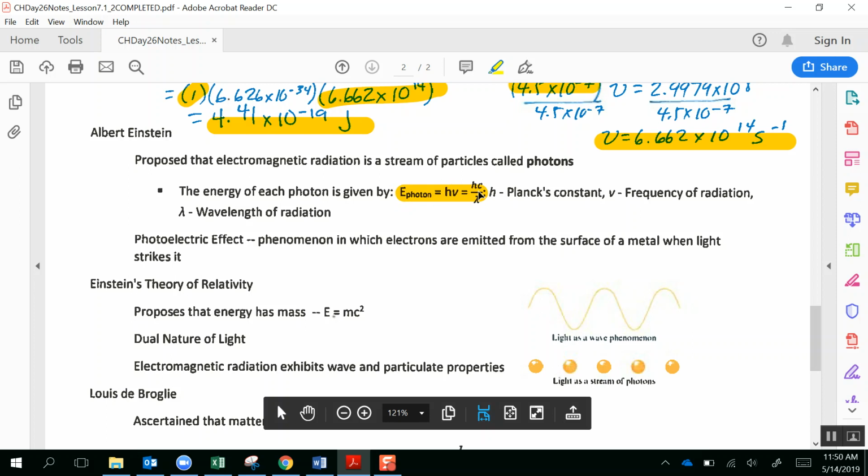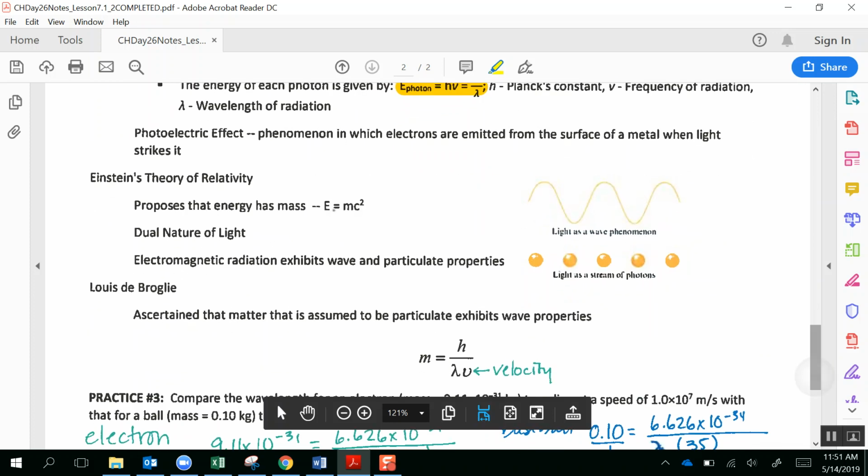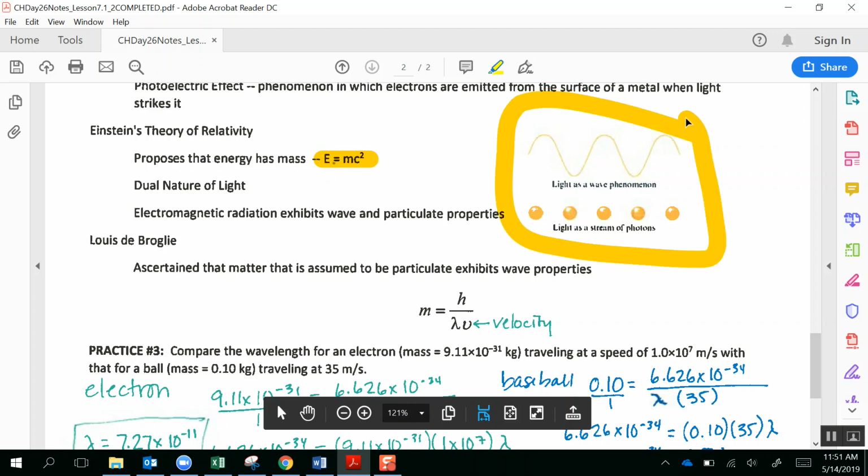Photoelectric effect, you can read more about that in the text, but it's more about which electrons are emitted from the surface of metal when light strikes it, and that's how Einstein did a lot of his studies on light. Einstein's theory of relativity, he proposed that energy has mass, and his famous equation is E equals mc squared. Also came up with the dual nature of light, whether it's a particle and a wave.